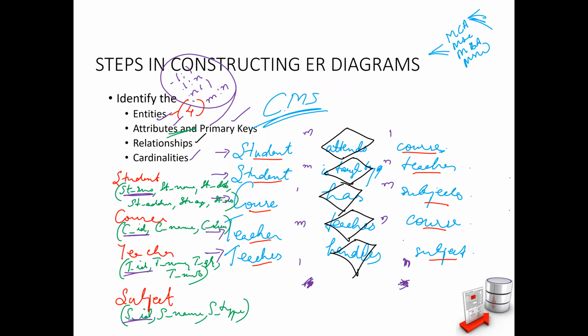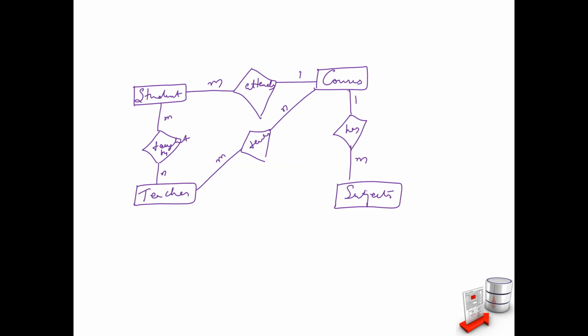And then I do have a last one. What is the last one? Teacher handles a subject. Teacher handles a subject. It is a 1 is to N. So now I do have the skeleton of my ER diagram.